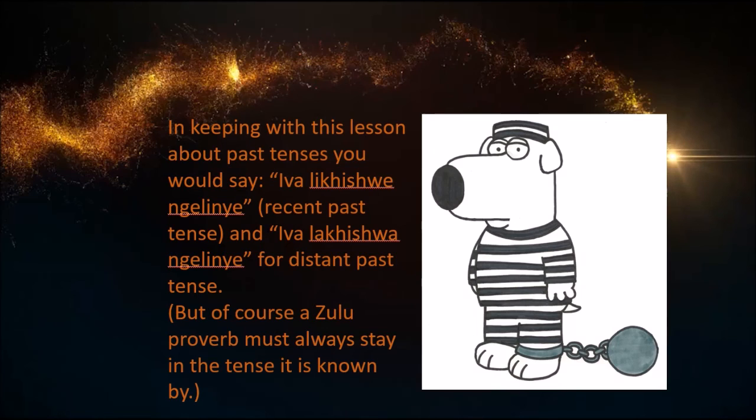So that would be recent past tense. But if you want to say the distant past tense, it would be Iva lakishwa gelinye. The thorn was removed by another thorn. But of course, a Zulu proverb always stays in the tense in which it is known. You can never change it, but it's just for the sake of the lesson that I've shown you here recent past tense and distant past tense.